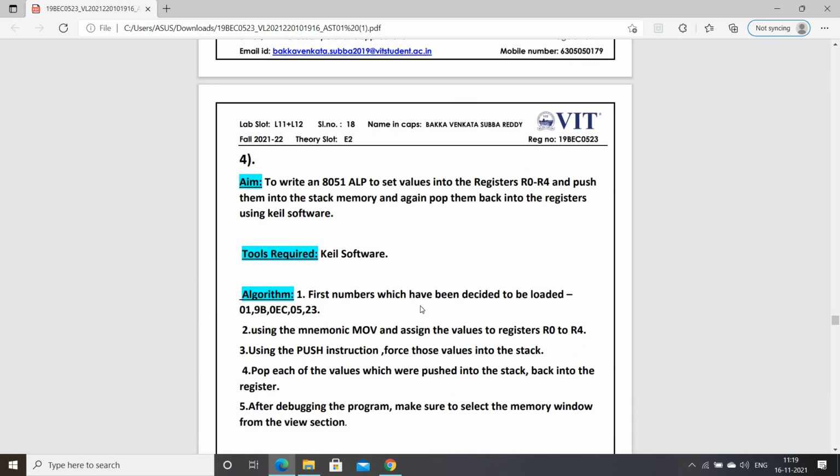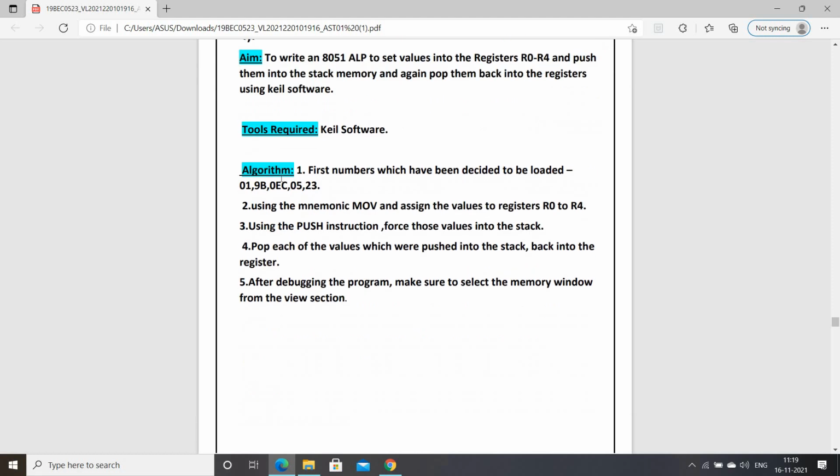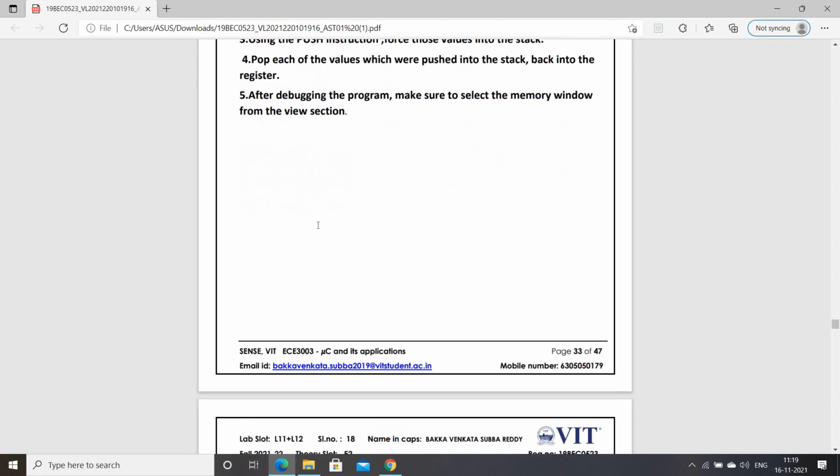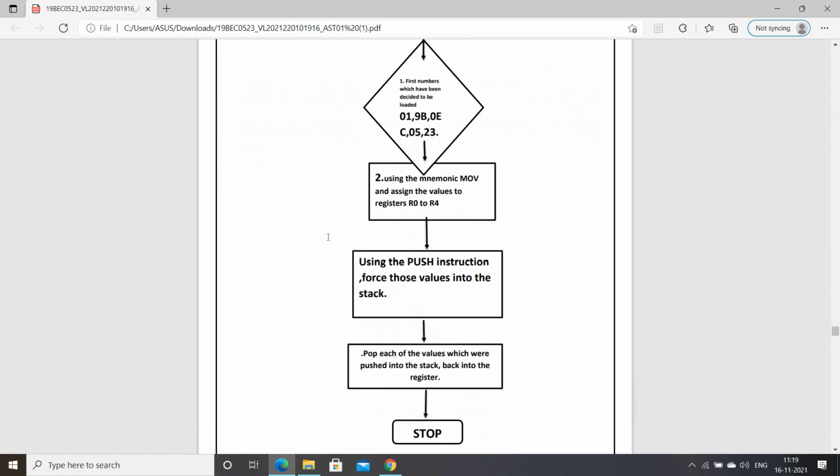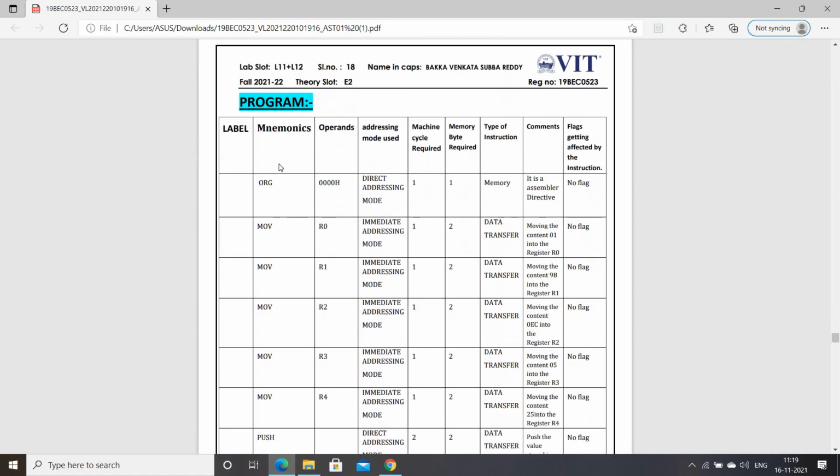And coming to the fourth question, our aim is to write an 8051 ALP to set values into the registers R0 to R4 and push them into the stack memory, and again pop them back into the registers using KEIL software. So the tool required is only KEIL software, and this is the algorithm and flow chart, and the program in the table.